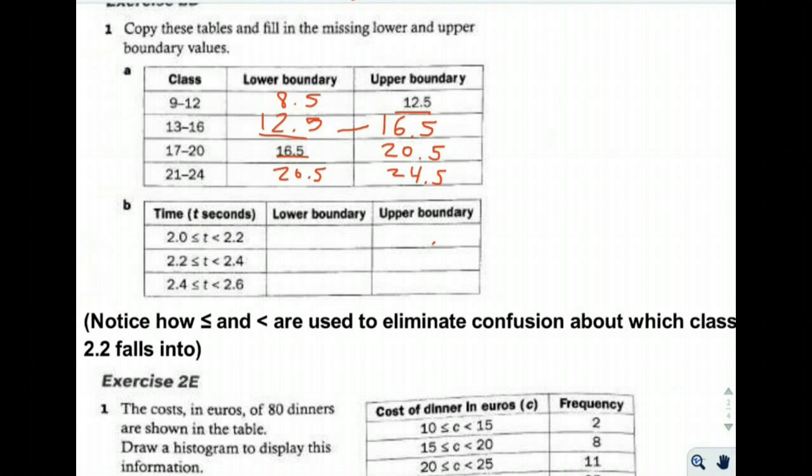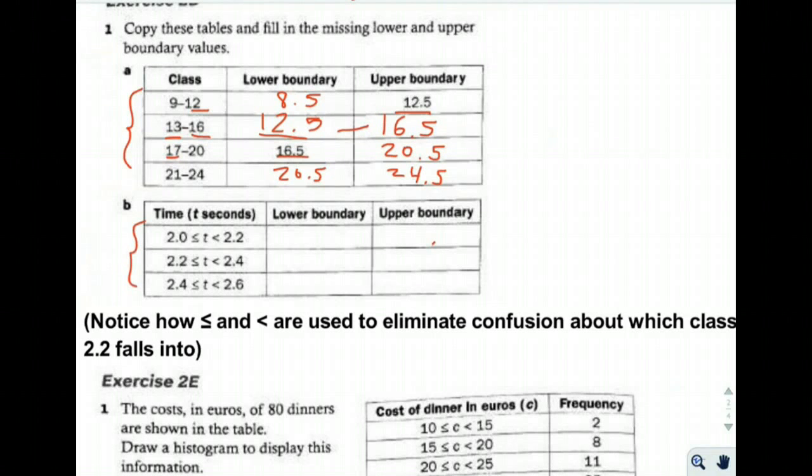And the thing you'll notice about the values of the upper boundary and the lower boundary is that they are halfway in between the top integer here and the bottom integer here. They're always halfway in between. So those are things you might notice about how you figure out the value of the upper boundary and the lower boundary. And this is for integer data, which is called discrete data.